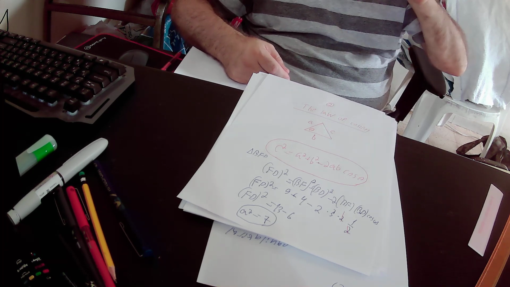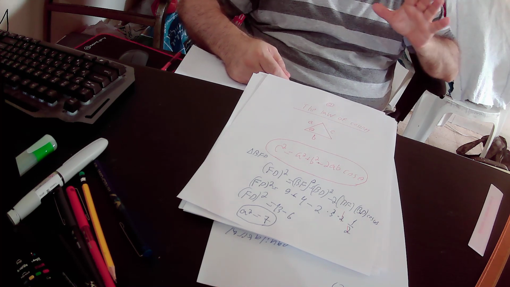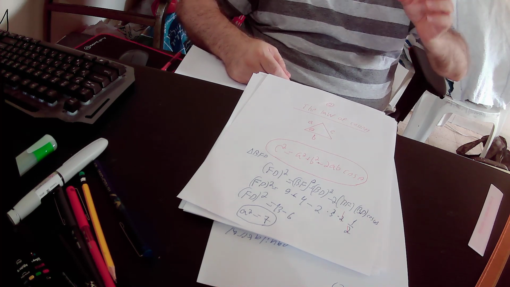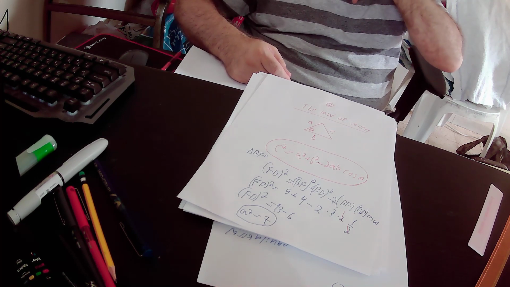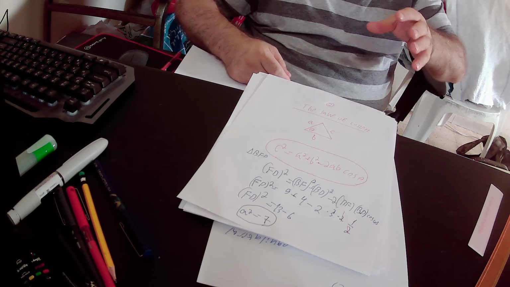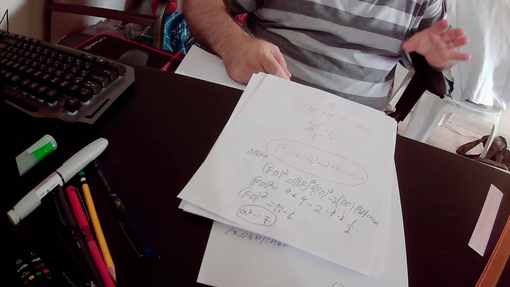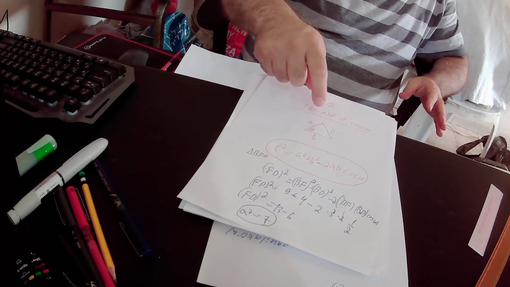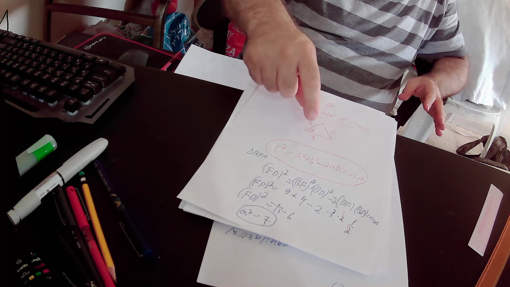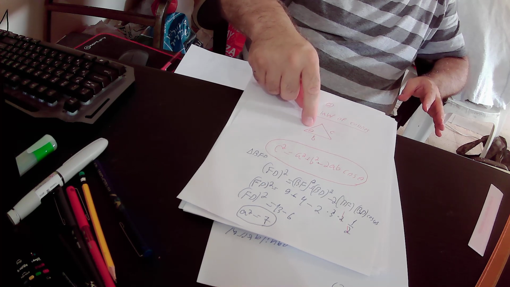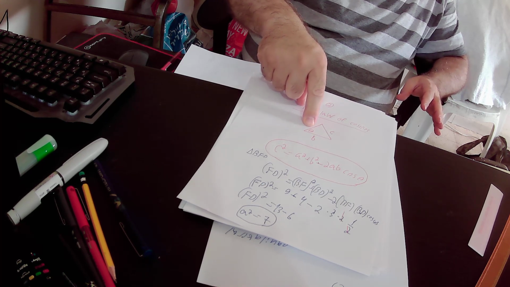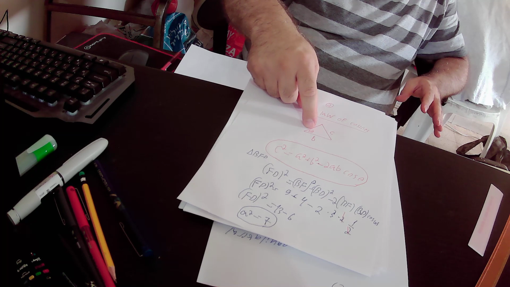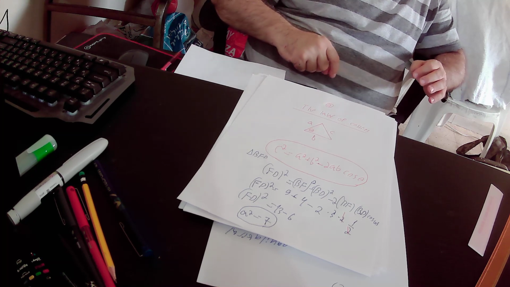It is true for every triangle in the world. That is the relationship between the sides of any triangle: C square equals A square plus B square minus 2 times AB cosine of the angle between A and B.